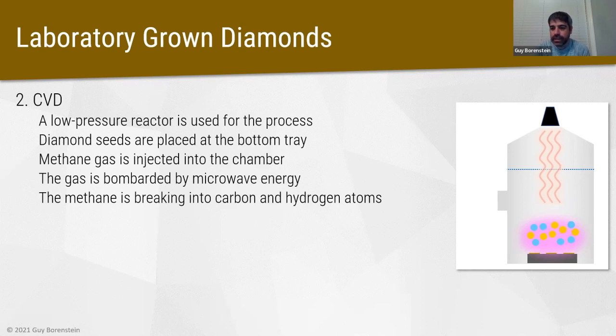And in this plasma cloud, all the atoms are wandering. Some of them are touching the diamond seed. They can connect into the seed as graphite or as diamonds. Most chances are that they will connect as graphite because it's an easier connection. But the hydrogen that we have inside this gas will act as a supervisor, and it will knock every weak connection on the diamond seed back to the cloud.